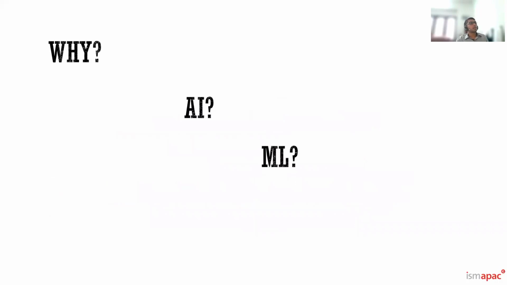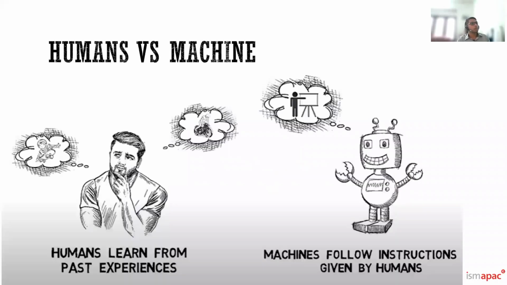The first question whenever you start learning or studying something is why? Why artificial intelligence? Why machine learning? So we'll start with that question. Humans learn quite a lot from our past experience, but machines are not like that. They are very limited.